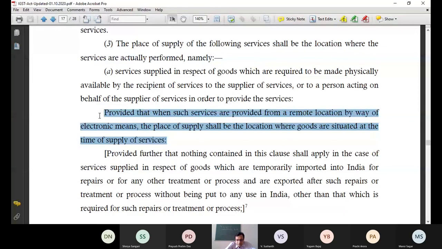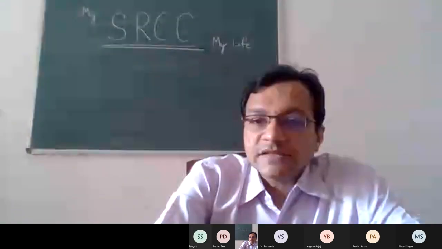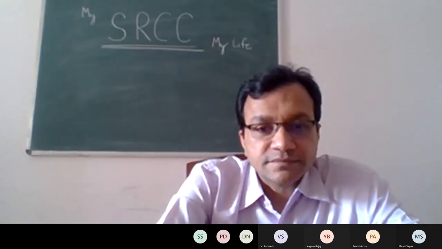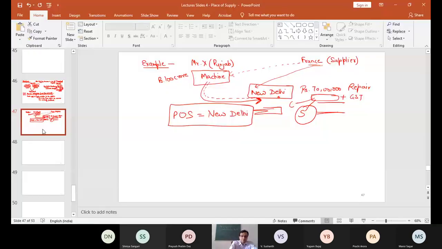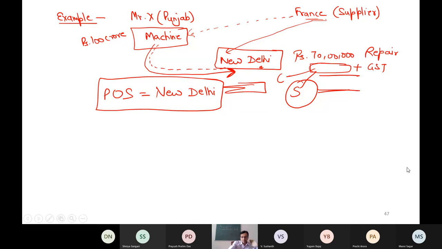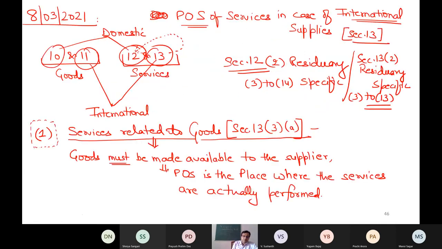So let me assume an example for this exception also. So what is the exception? So that was my first point, when goods are required to be made physically available.